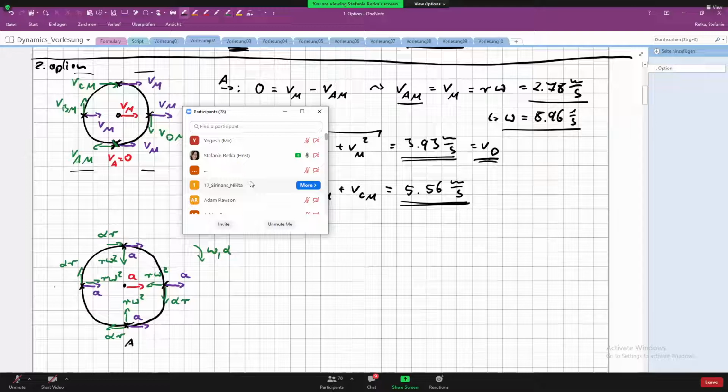Point A, point B, point C, point D. Now again, we have to go from one point to the next. We do know omega already from the computation of the velocities, but we do not yet know the acceleration.